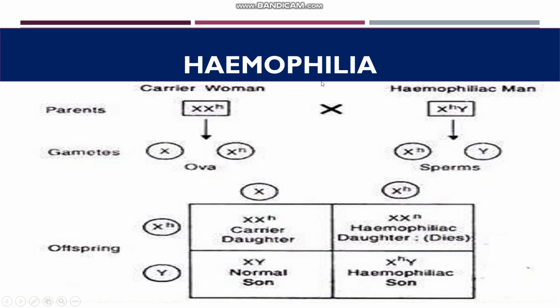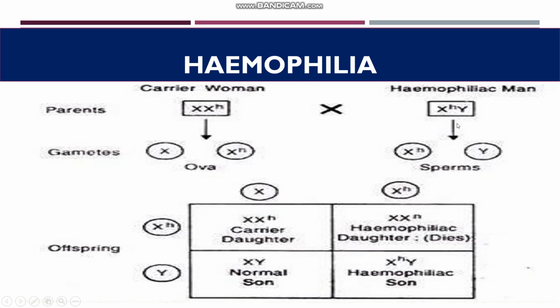Now here you can see a situation of hemophilia. The woman is a carrier woman, so the genotype of the carrier woman is XXH. And the man is hemophilic, so the genotype is XHY. The woman produces two types of gametes, some gametes carrying the X chromosome and some gametes carrying the XH.